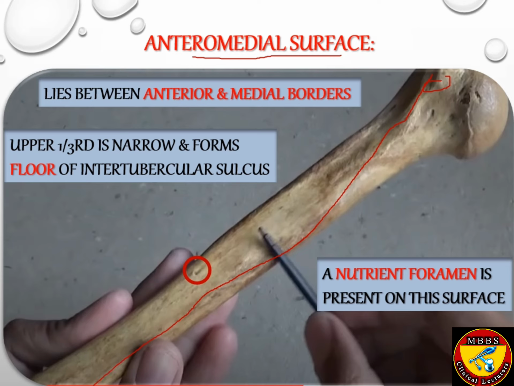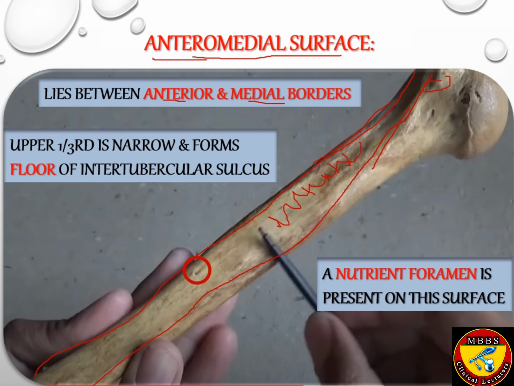This is the lateral lip of the intertubercular sulcus and this is the anterior border. The surface in between the anterior and medial border is the anterior medial surface.